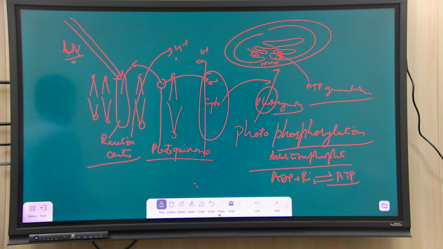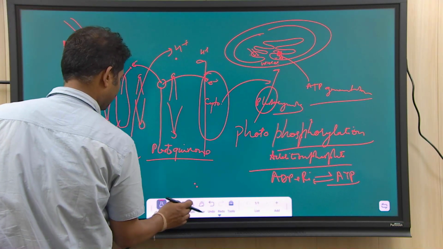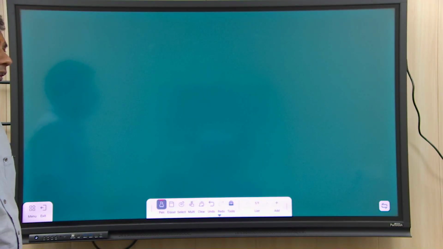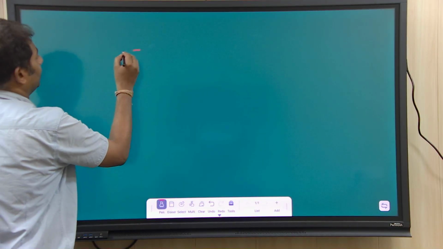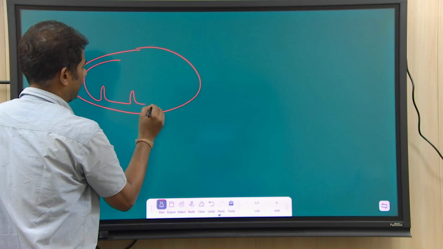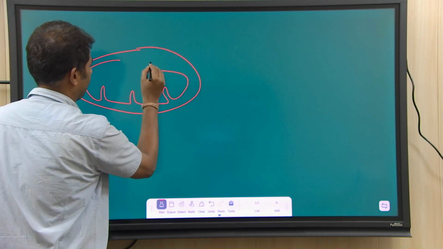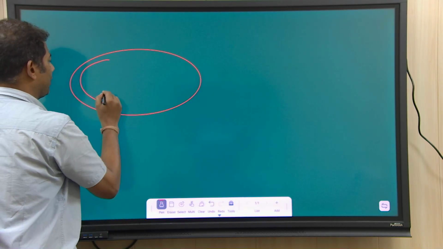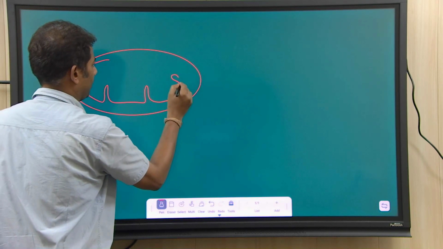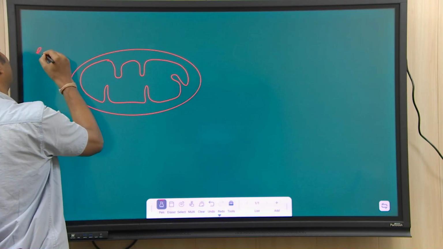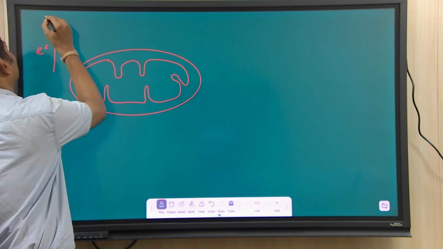In the same way, in case of mitochondria, what is going on? The electrons were generated by the oxidation of glucose.